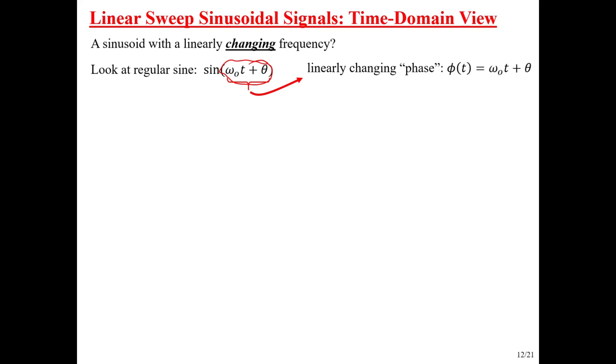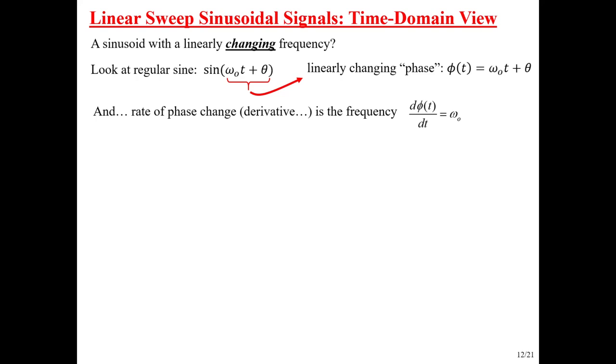It's changing as a line, right? Slope of omega 0, intercept of theta. So if we took the derivative of that, what do we get? Omega 0. So the frequency of a regular sine wave is the derivative of its time varying phase, the whole phase inside the sine, not just the phase shift.